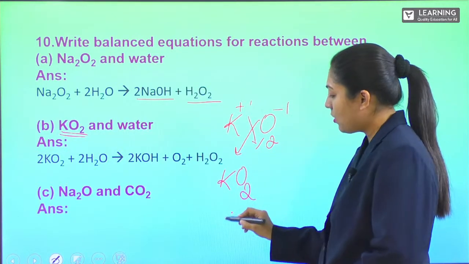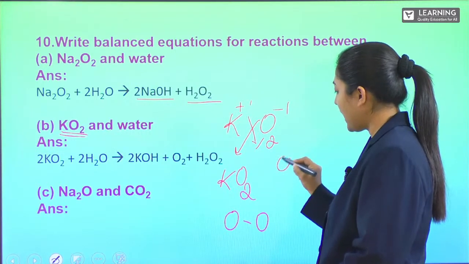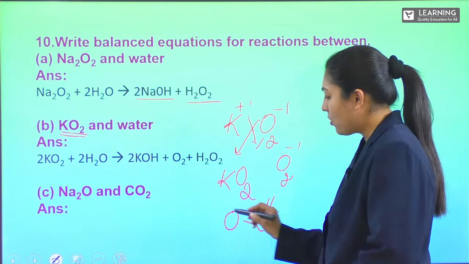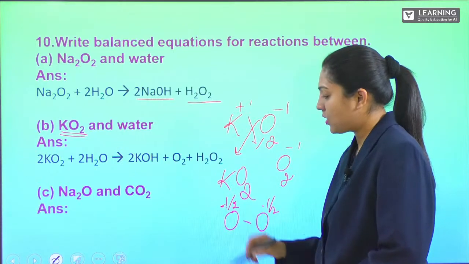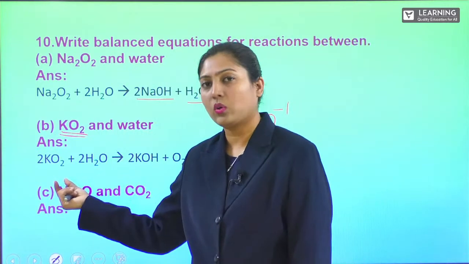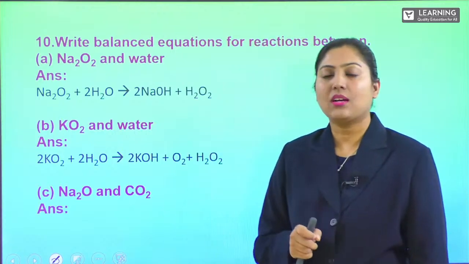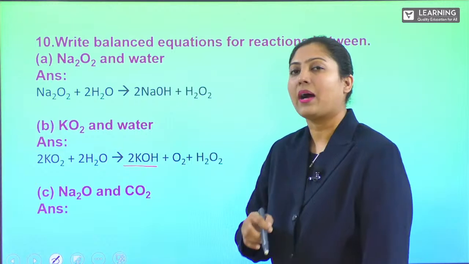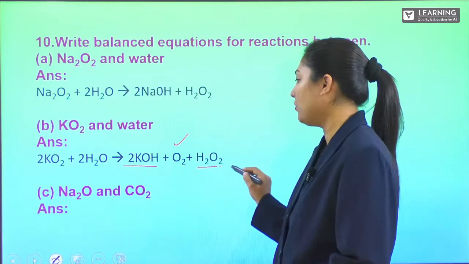So both oxygens together have -1, which means each oxygen will have an oxidation number of minus 1 by 2. So what is this KO2? KO2 is a superoxide. Potassium superoxide reacts with water to form potassium hydroxide with evolution of oxygen and formation of hydrogen peroxide.